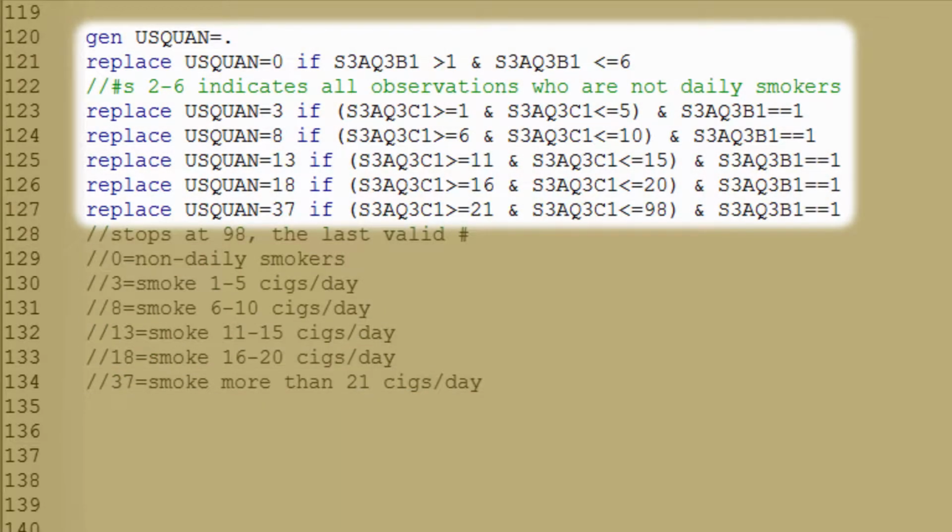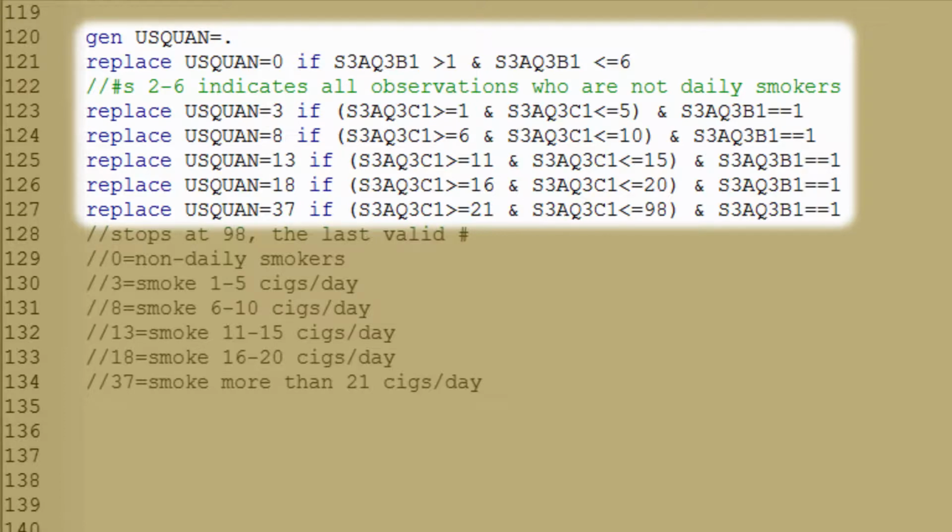gen US_QUAN = . Replace US_QUAN = 0 if S3AQ3B1 > 1 and S3AQ3B1 <= 6. Replace US_QUAN = 3 if (S3AQ3C1 >= 1 and S3AQ3C1 <= 5) and S3AQ3B1 == 1.